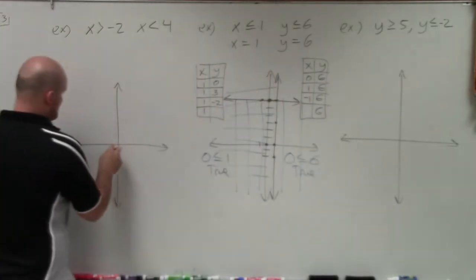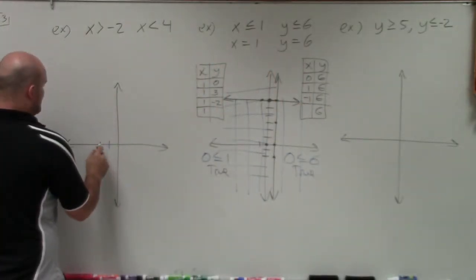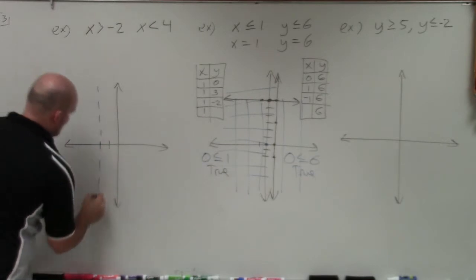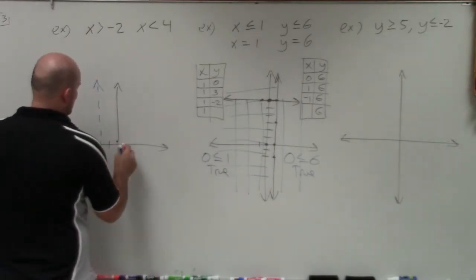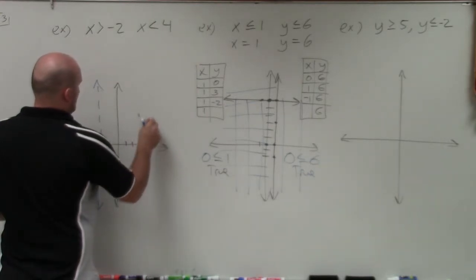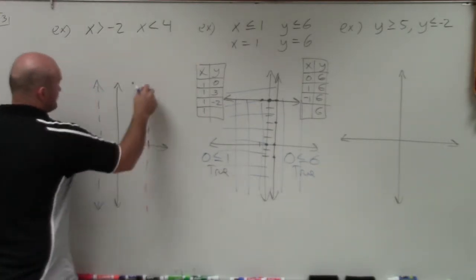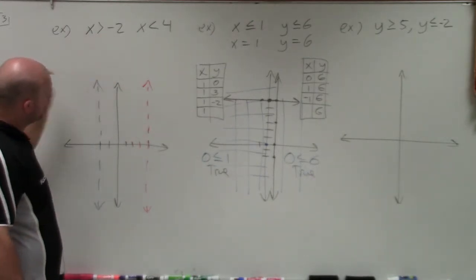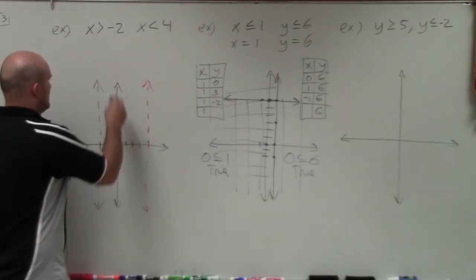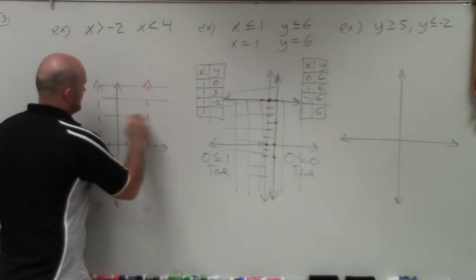So I'll go to -2, and I'll do a vertical line. And then I'll go to 4, and I'll do another vertical line. OK, so for x is greater than -2, that means all the values that are greater than -2. Well, that's going to be values going to the right.